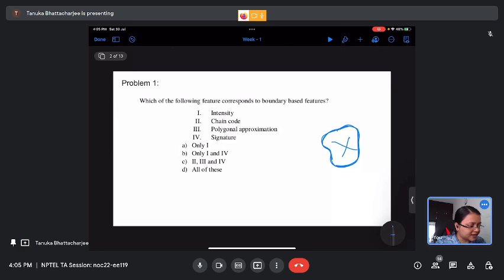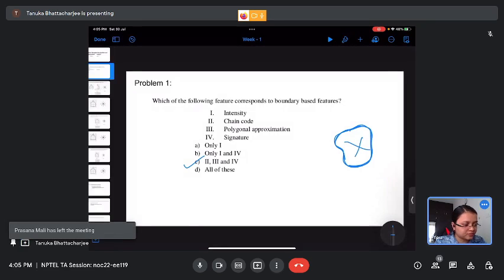So the right answer for this question will be 2, 3 and 4. If you have any question related to boundary based features, you can post it over here. Otherwise I'll move to the next problem, which is on chain code.